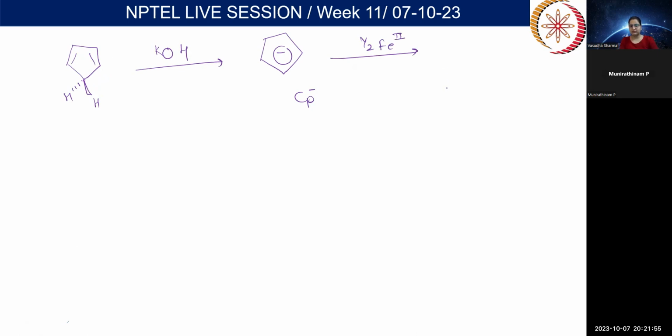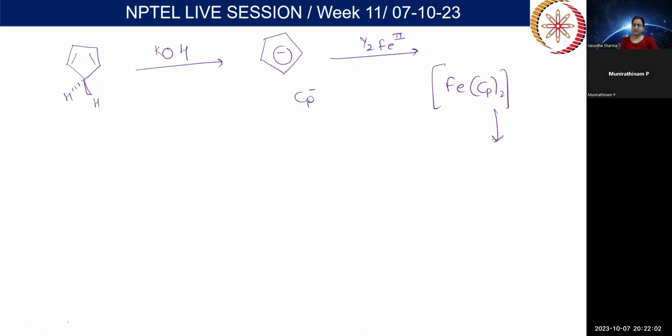When we use KOH, a base, it forms the cyclopentadienyl ligand, Cp negative, and when we treat it with an iron 2+ salt, it forms Fe(Cp)2.